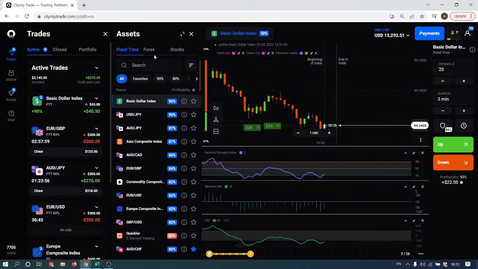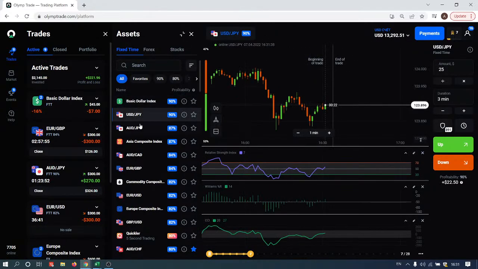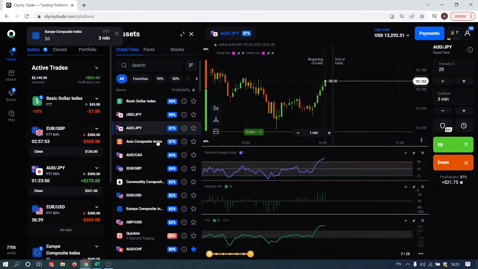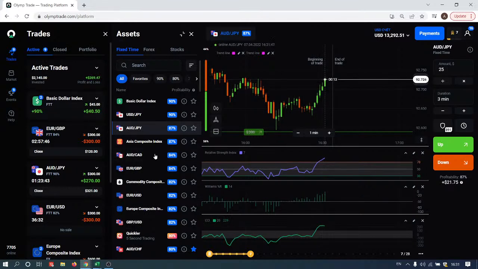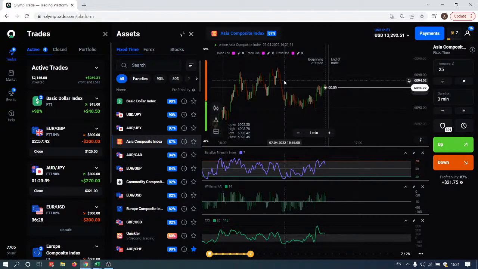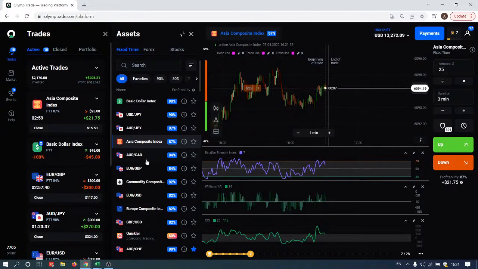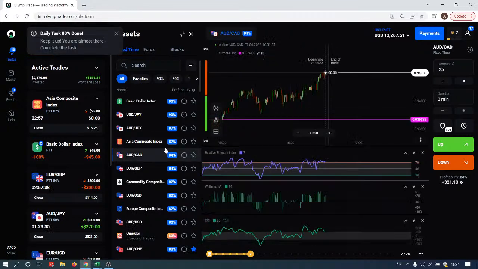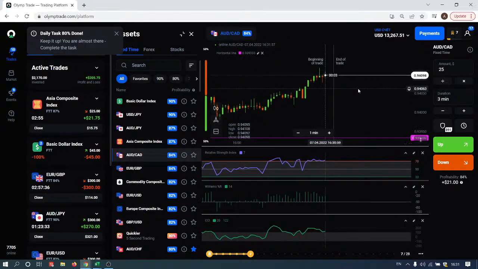Let's open 2 trades here in the upwards direction on the Basic Dollar Index. Okay, and let's try this one, the Asia Composite Index as well.